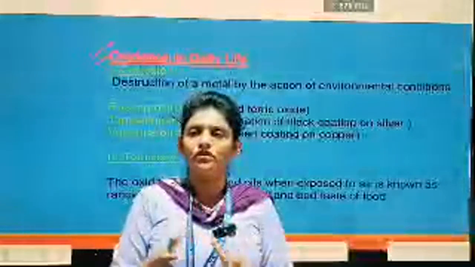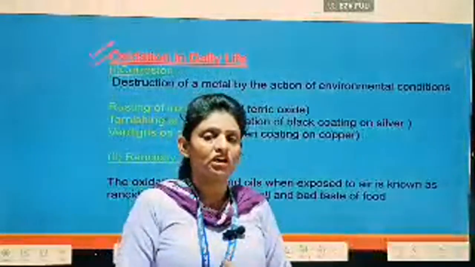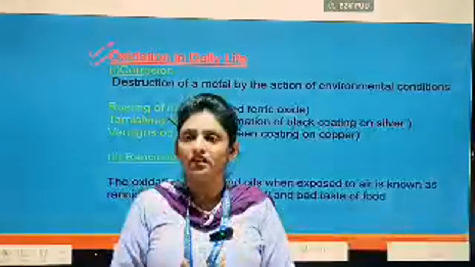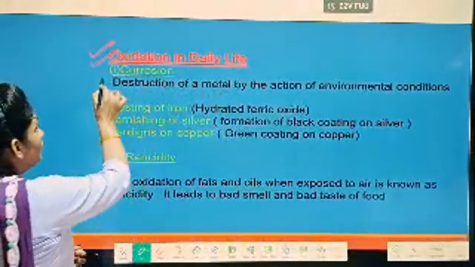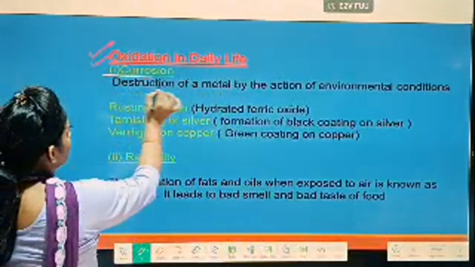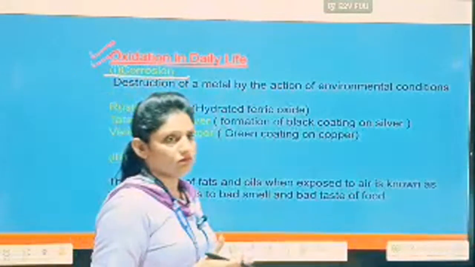All these are some natural phenomena, and these are the oxidation processes which occur in our daily life. So here we will discuss one by one. Corrosion. What do you mean by corrosion?